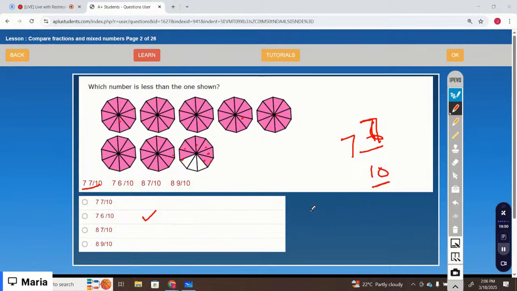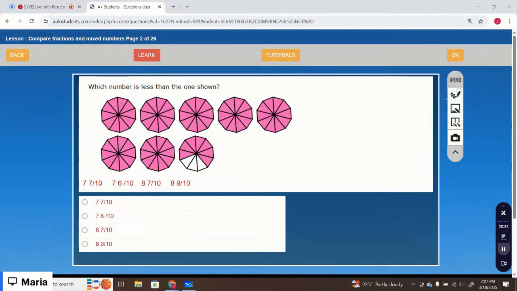So the correct option is the number that is less than the shown is 7 whole 6 over 10. Option number 2 is the correct option.